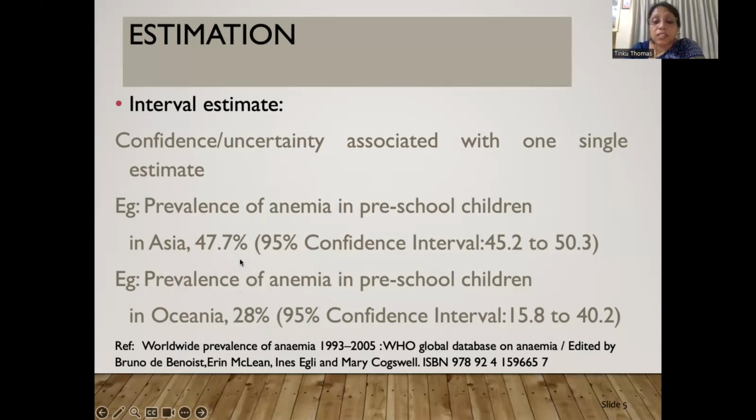This difference essentially comes in because of the sample size that has been used for this estimate. If the sample size is small, you are likely to get a wider confidence interval, a less precise interval, and therefore you're unsure of your true population prevalence. It could be as low as 15.8 or as high as 40.